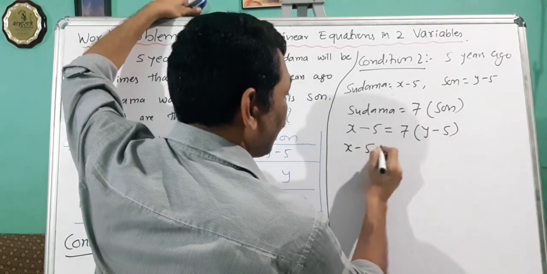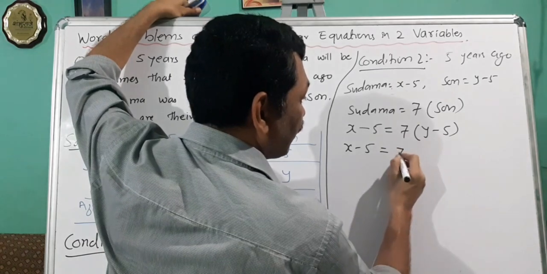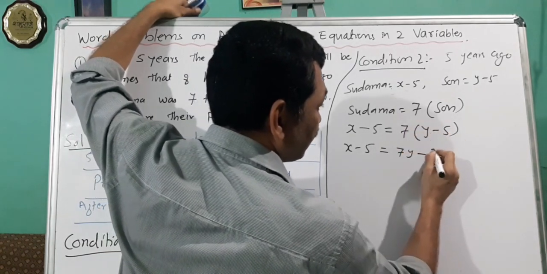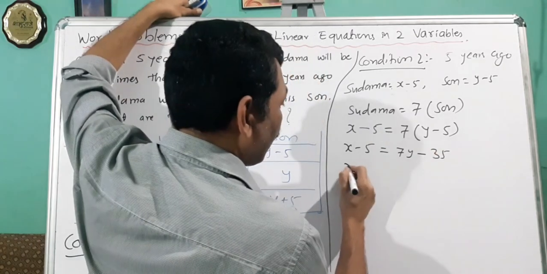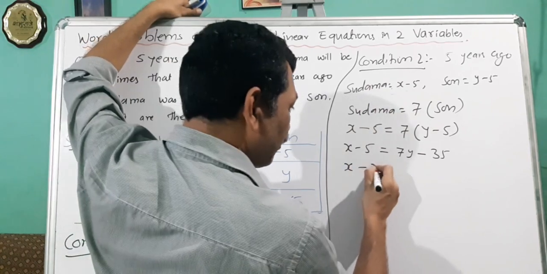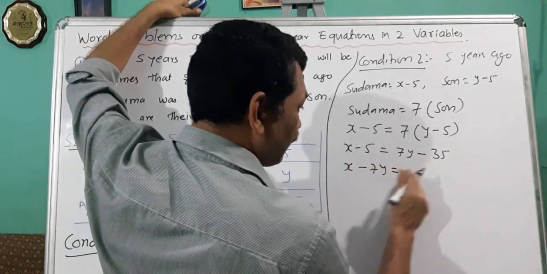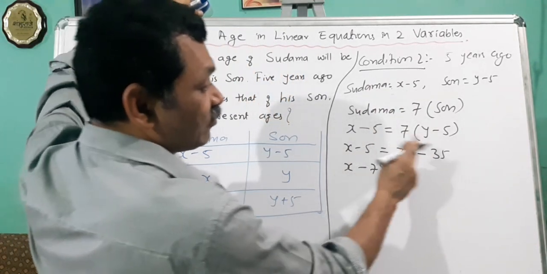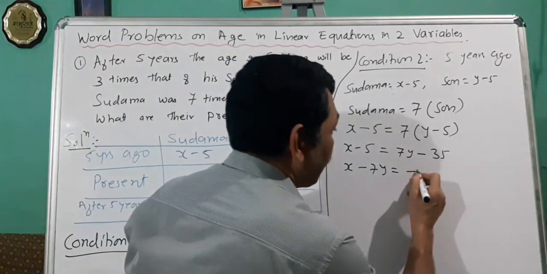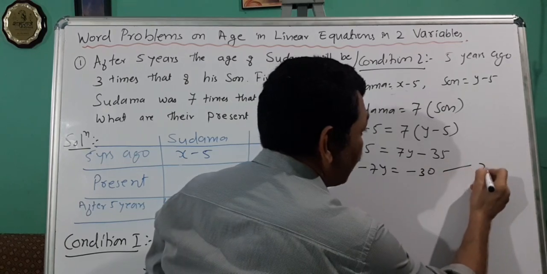Again, x minus 5 is equal to 7 into y is 7y, and 7 into 5, with the minus sign, 7 into 5 is 35. So I'm taking this 7y this side, it is plus 7y because minus 7y. It is equal to minus 35. This minus 5 when I take to the other side becomes plus 5. Minus 35 plus 5 is minus 30. So this is equation 2.